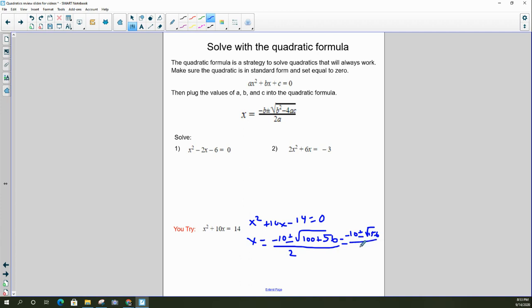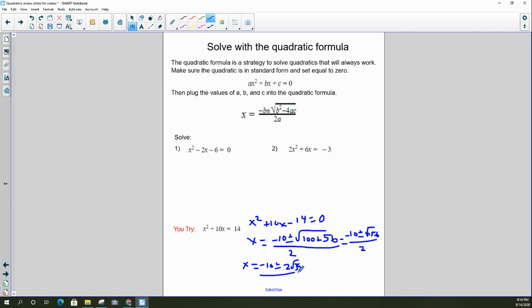So we have to simplify the square root of 156 if we can. Well, 4 goes into it 39 times, so it's going to end up being 2 rad 39. When you simplify, you get negative 10 plus or minus 2 rad 39 all over 2.